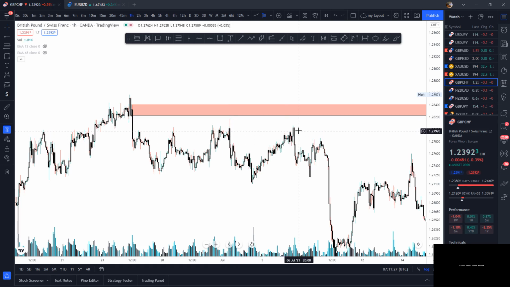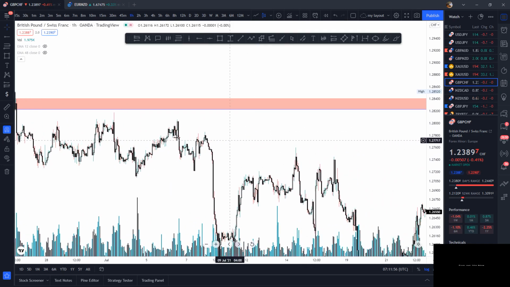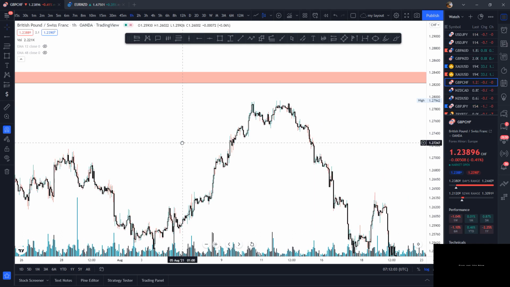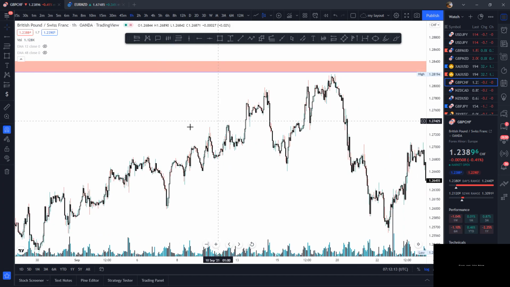Then, first attempt, there have been several attempts to touch it and still failed.